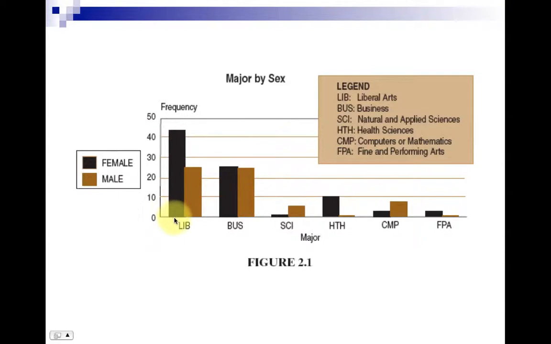So this bar height indicates that there's a little bit more than 40 students in our collection that are female liberal arts majors, and this bar represents the fact that we have about 25 male students in our data collection that are liberal arts majors, and so forth. We have the other majors as well: business, science, health sciences, computer or mathematics, and fine and performing arts.